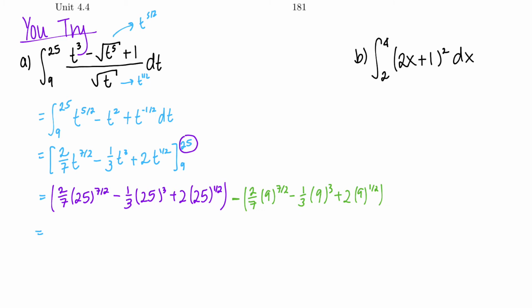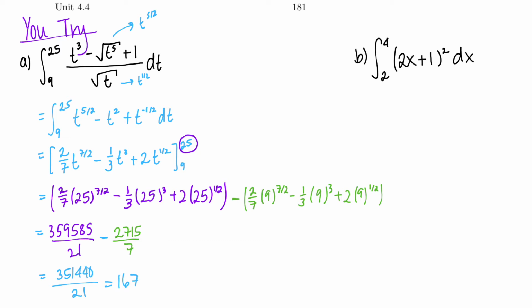You should be getting, it's a gross number, 359,585 over 21, minus, the other one comes out to be 2715 over 7, for a grand total of 351,440 over 21, which comes out to be, the decimal does stop.